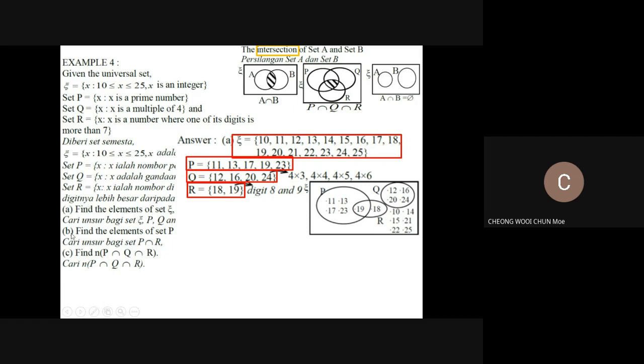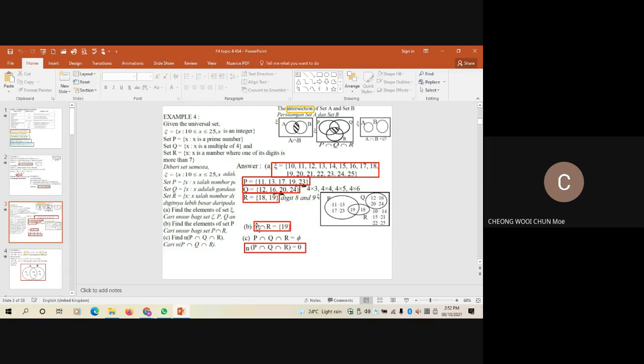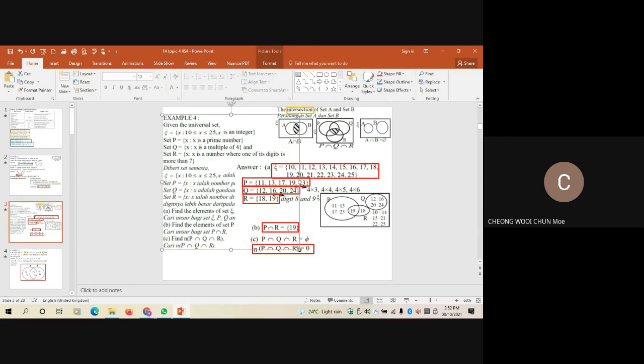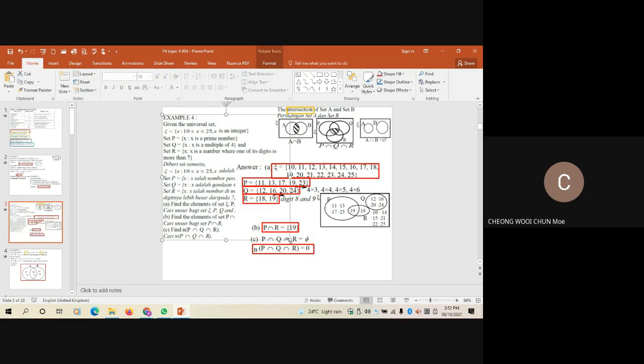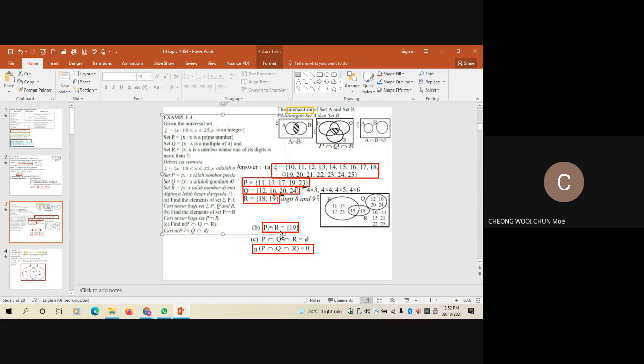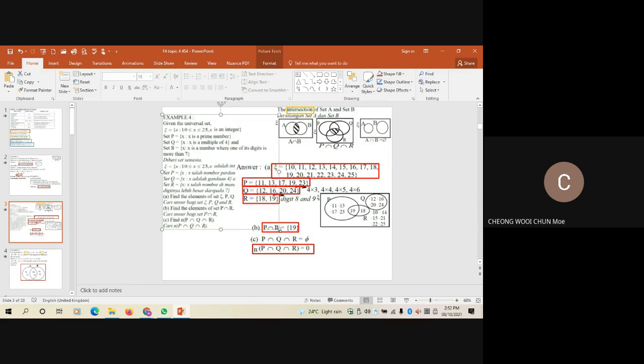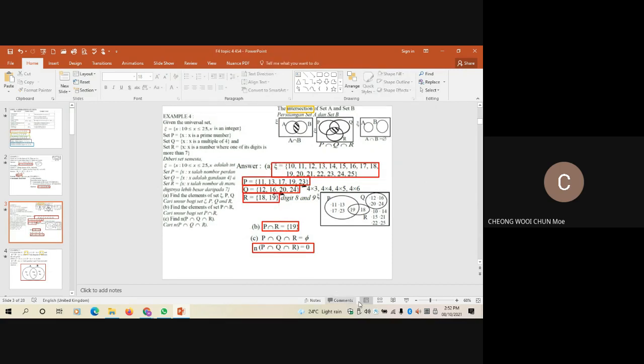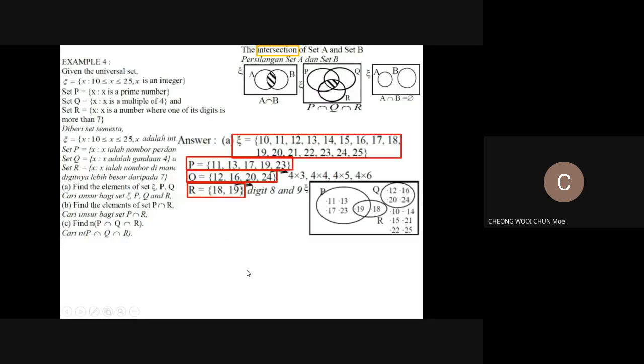Then part B: find the elements of set P intersect R. P intersect means touch.